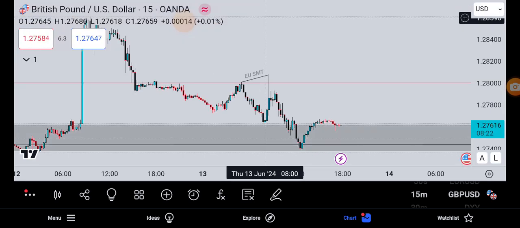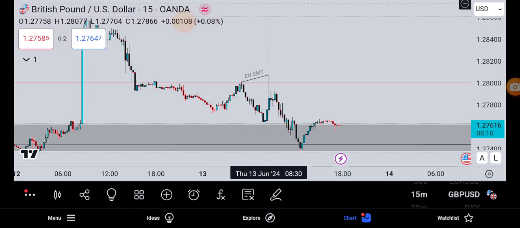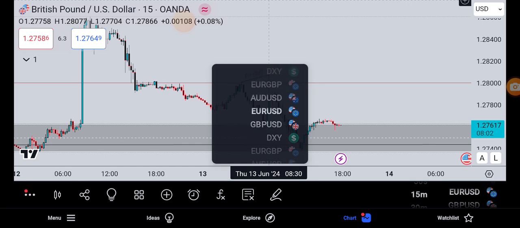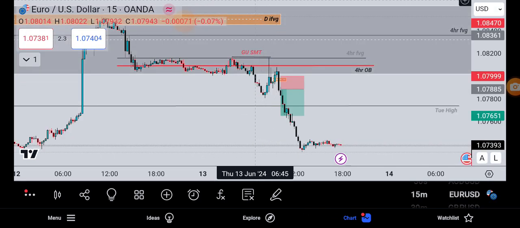So if we go to the GBP USD, what we can notice is we have this swing high, which is a 5 a.m. candle. So the 5 a.m. high had already been taken by these 8:30 high. So we have this higher high for the GU, but if we go to the Euro USD, we have the 5 a.m. candle.